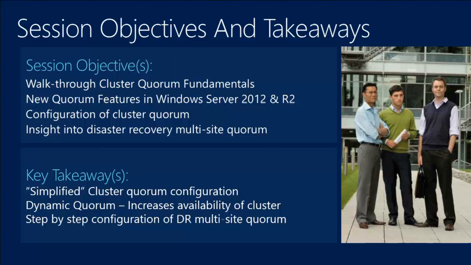If you have disk witness and a file share witness, what considerations you may have to make to appropriately decide whether you need a disk witness or a file share witness, those also would be covered. New features like dynamic quorum, as well as the dynamic quorum for witness, which is new in 2012 R2. And I would be speaking about those features.